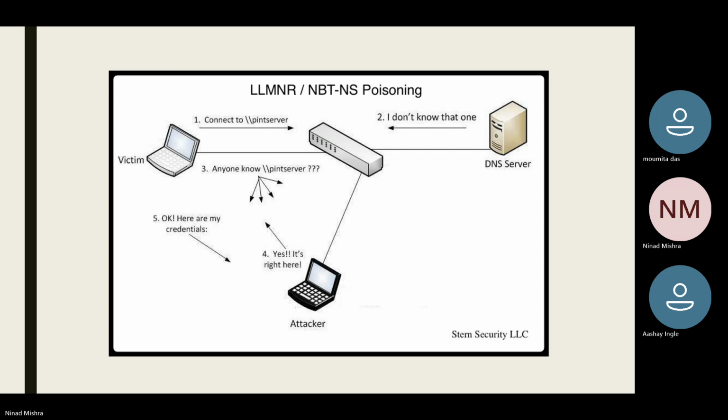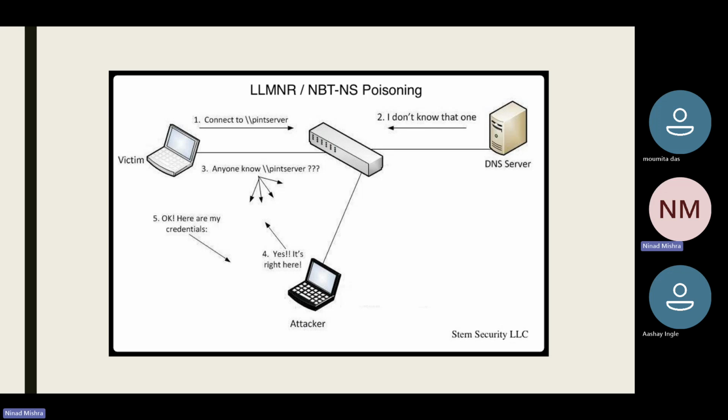Now, in the diagram, you can see that the attacker will spoof that particular IP address or host name, and it will just inform that I am that particular person, and that request can be directed to me. Then the victim will provide passwords during the authentication process.